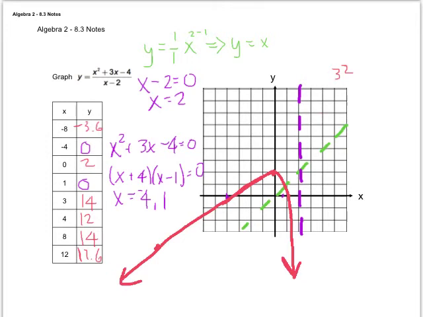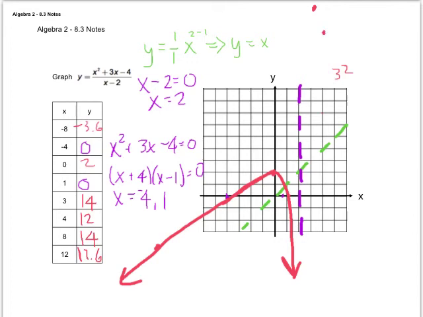Okay. And so the closer we go towards infinity, the more it's going to match this asymptote of y equals x. Okay. On the other side of that vertical asymptote, we've got 3, 14, which is way up here. So 3, 14. And then we've got 4, 12. So 4, 12.